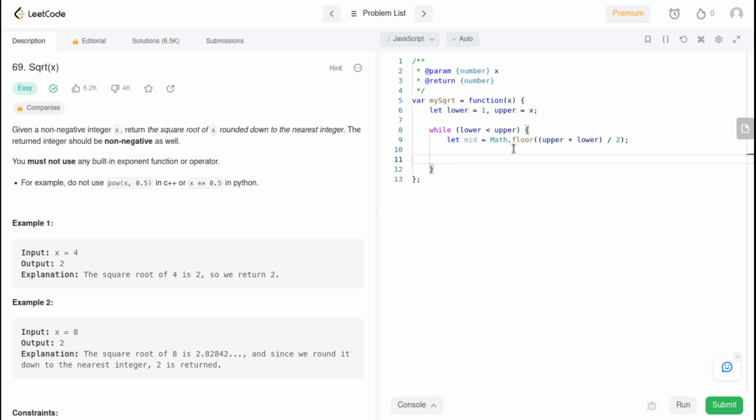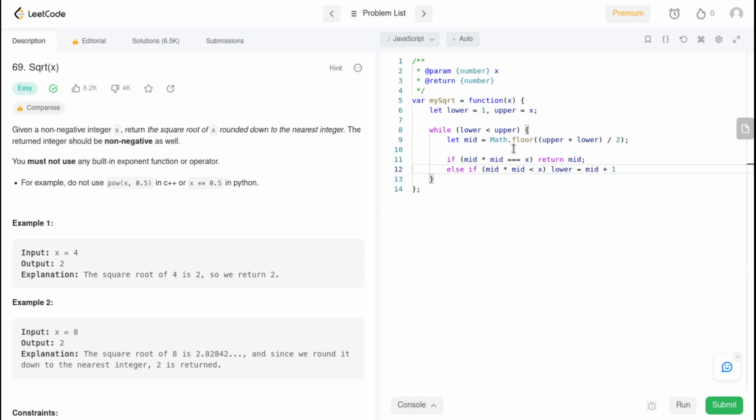Then we check if the square is actually the input. So if mid equals x, then we can just return the midpoint. Else if the guess is too small, so mid is less than x, then we can just say, okay, lower equals mid plus 1.